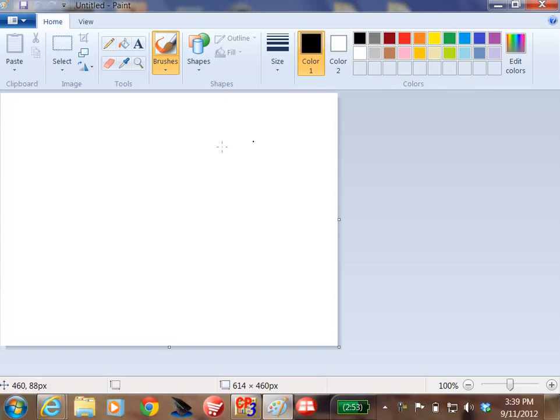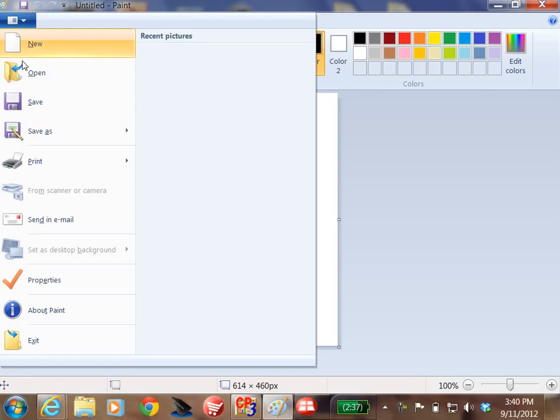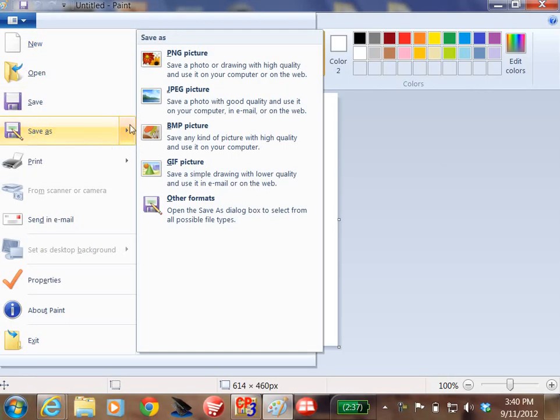Let's take this picture here, which is nothing. It's all white, and let's store it. Let's save that as a PNG picture, as a JPEG picture, as a BMP picture, as a GIF picture, and then there's other formats.